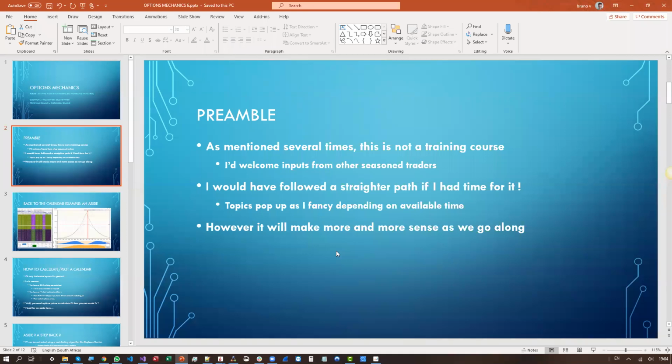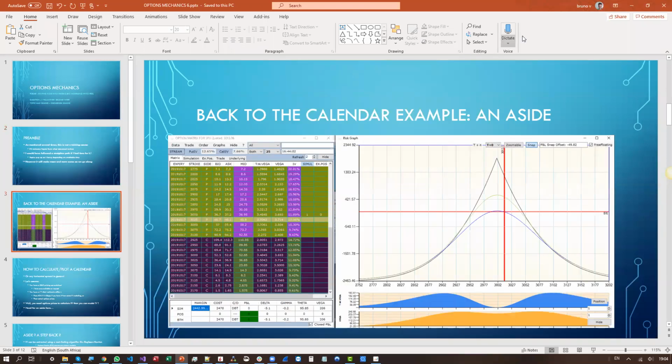I was actually looking at the last session presentation, and I looked at this calendar, and I thought, well, this is actually an interesting topic in terms of pricing. Some of you have requested my Black and Scholes spreadsheet, and for those who don't have one, of course, I can send it to you.